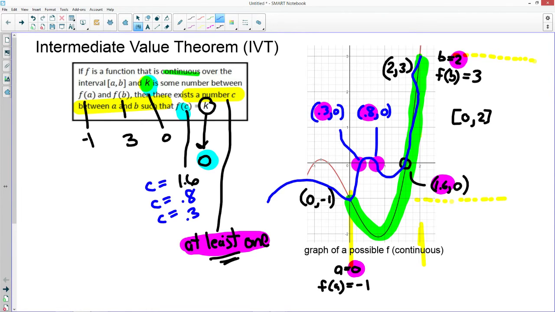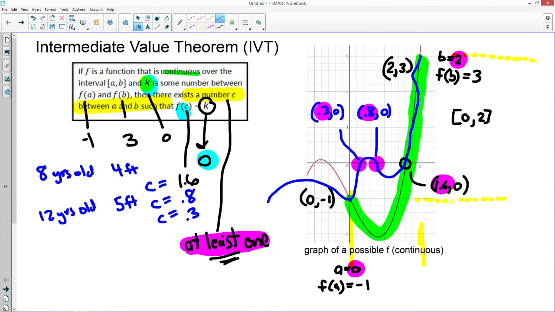Another great example: let's say at 8 years old, you're 4 feet tall, and at 12 years old, you're 5 feet tall.